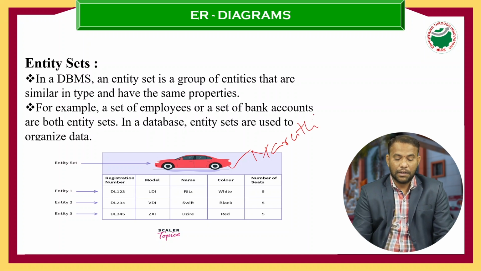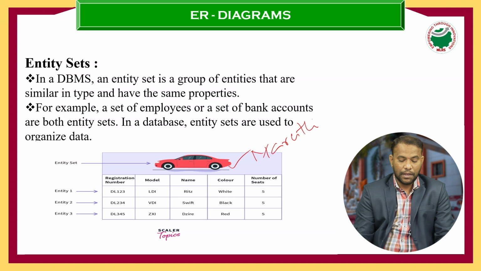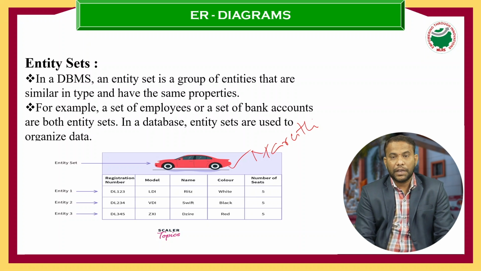It has different models like Swift or Wagon R. Now, if I take only Swift, then it is a single entity, and I take the attributes for that car, like car color, car steering, car seating.